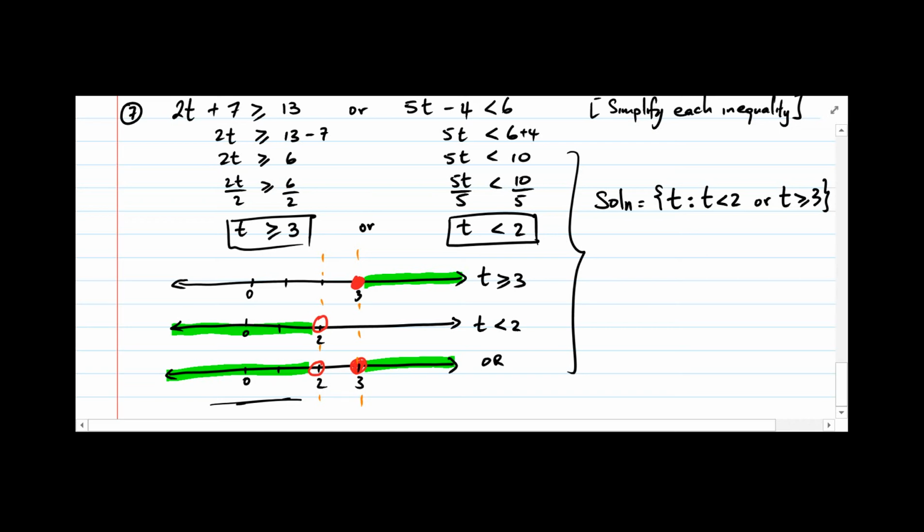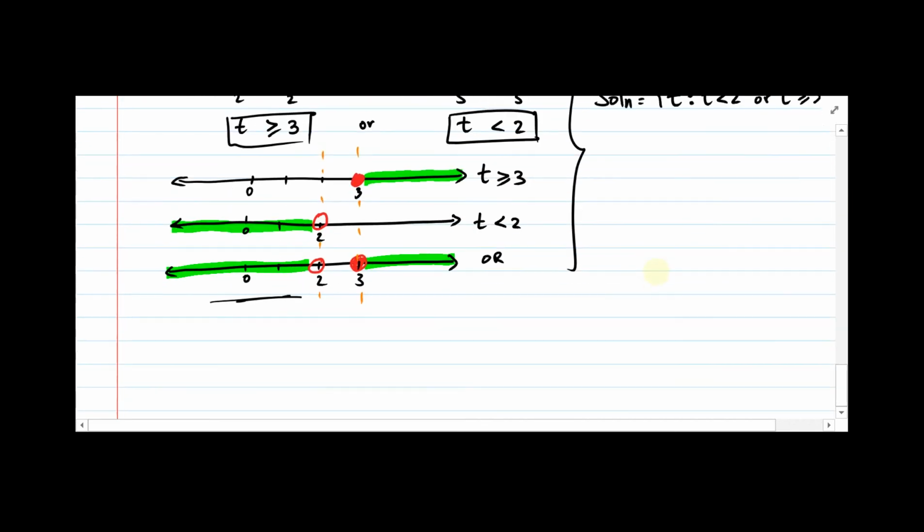Alright. So most questions that we will be giving you, you will have to do a bit of work first, computation, and simplifying your inequality. Get to the simplified version, put that version on a number line, and then use it further with your and then or.